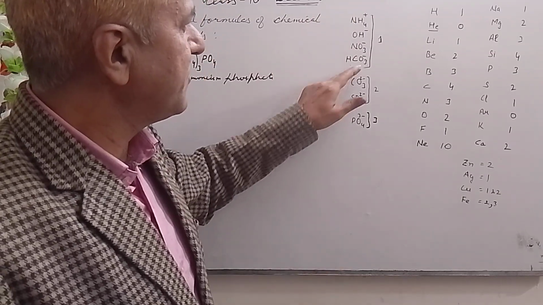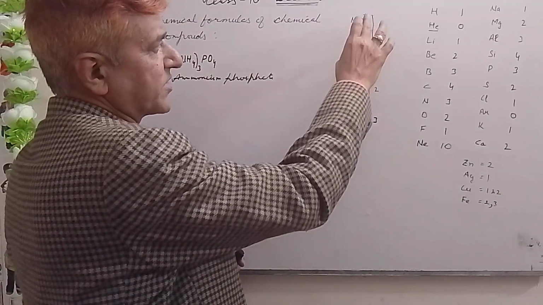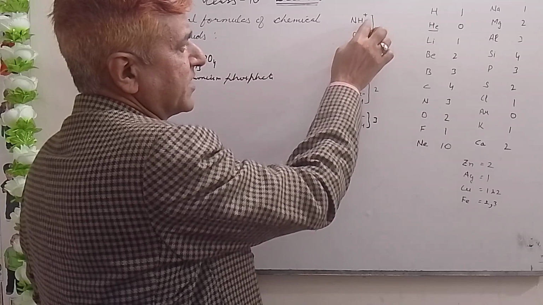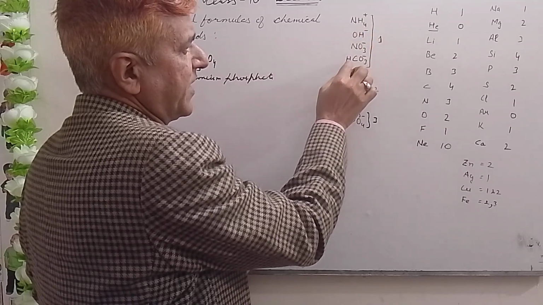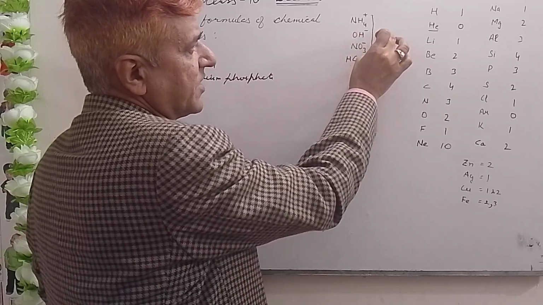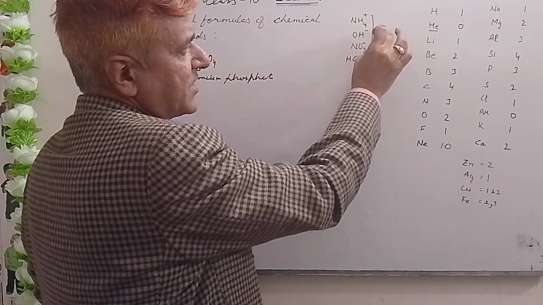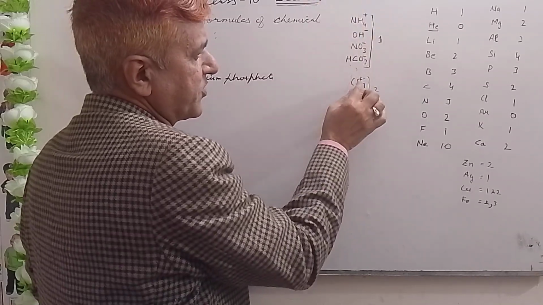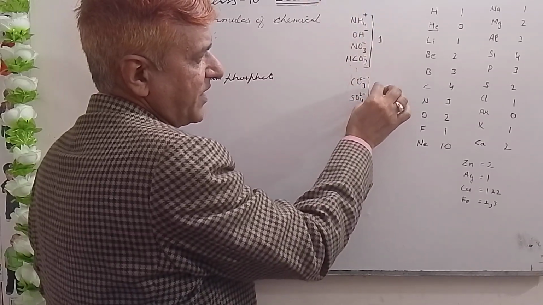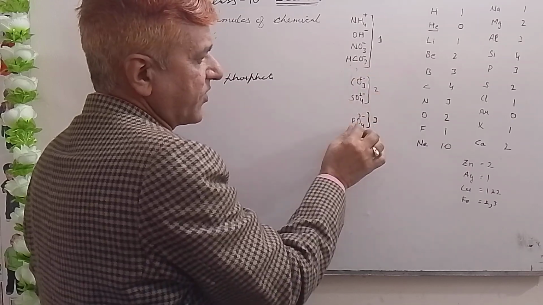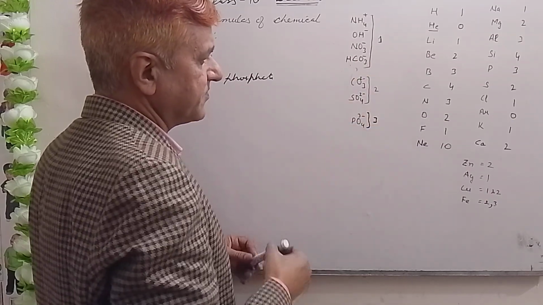So today we will learn to write chemical formulas involving these groups of atoms. I have written the valencies: the ammonium ion, hydroxide ion, nitrate ion and hydrogen carbonate ion have valency 1, carbonate and sulfate have valency 2, and phosphate has valency 3.